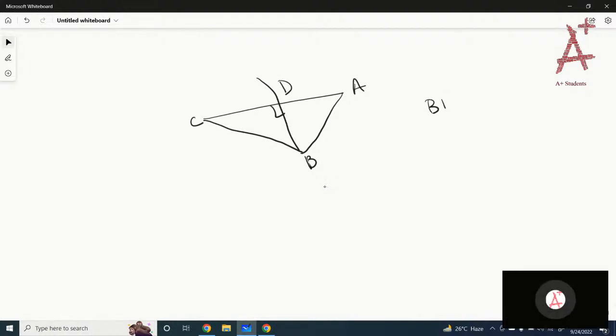The next one is A and C. It is B and D. BD is the perpendicular bisector on AC.